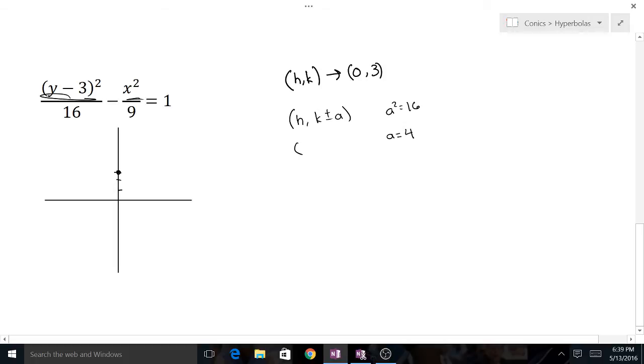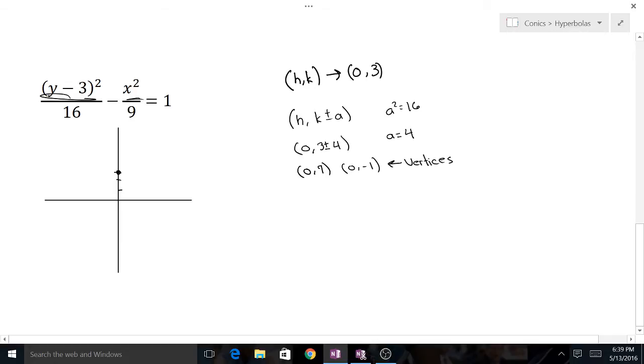Now we can find our vertices. We've got h, which we figured out to be 0. Then we've got k, which was 3. So 3 plus or minus 4. Our one vertex will be at (0, 7) if we add it. Then another one will be at (0, -1) if we subtract it. So those are our vertices.